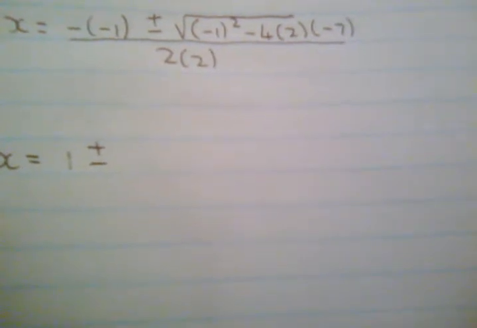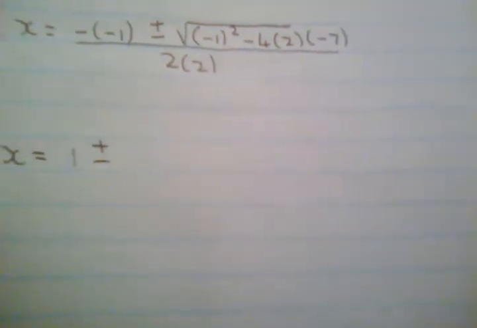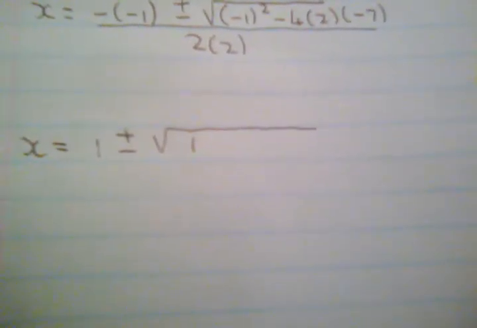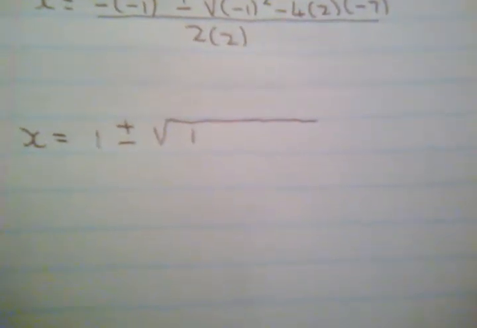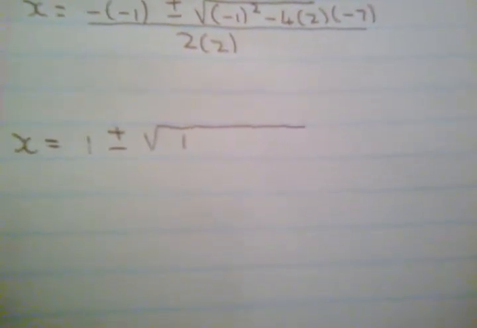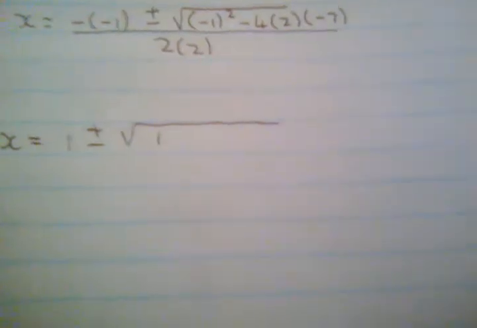negative 1 squared, which is 1, minus 4 times 2 is negative 8, and negative 8 times negative 7 is negative 56. Oh sorry, I made a mistake.